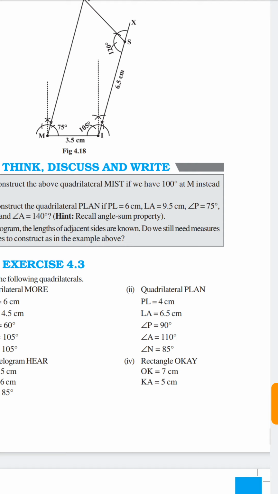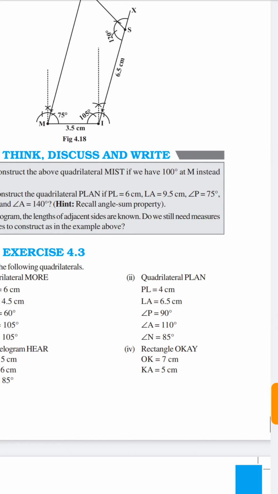Then we draw from A angle 110 degrees. Both lines intersect at N. Thus our quadrilateral PLAN will be completed. Thus we can draw quadrilateral PLAN.